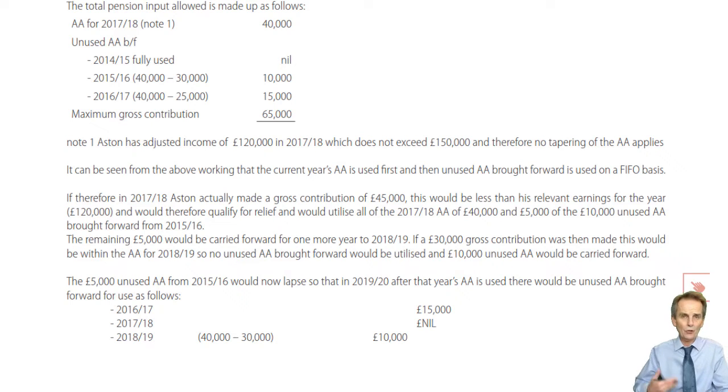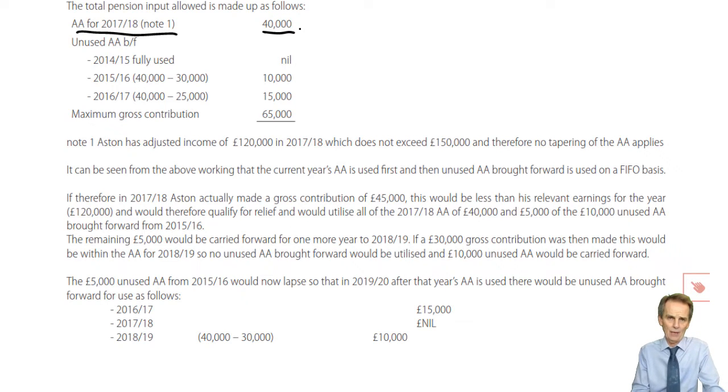Now then, we want the total pension input for the 1718 year. Therefore, we start with a £40,000 figure. Of course, you don't always start with a £40,000 figure. The lowest it could be is £10,000, and that depends on your adjusted income, and that's what Note 1 is all about.